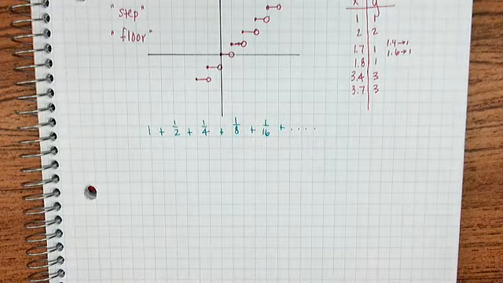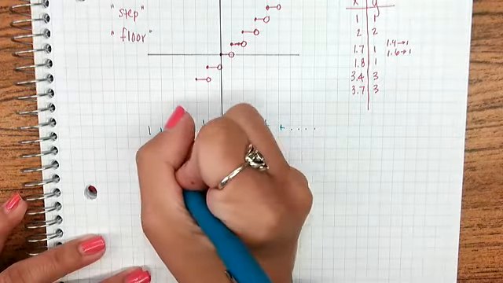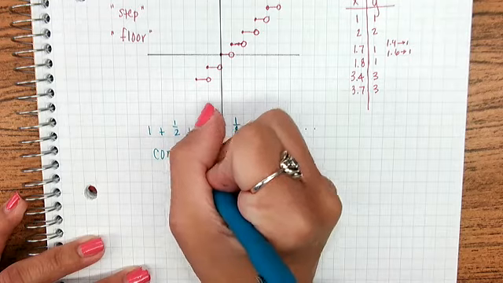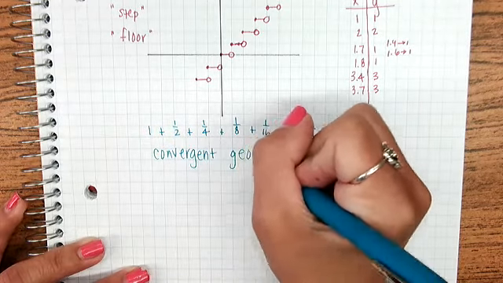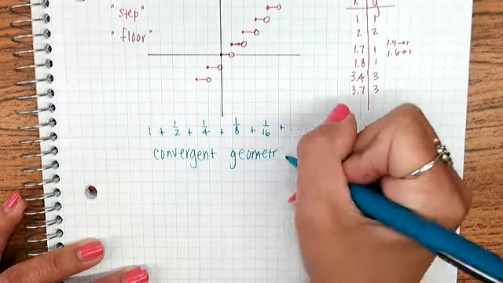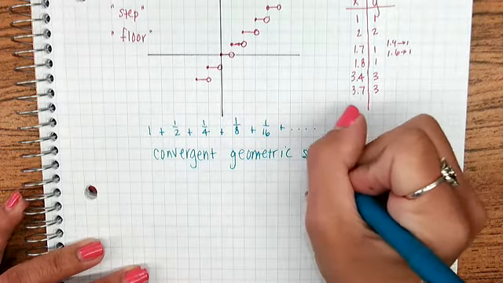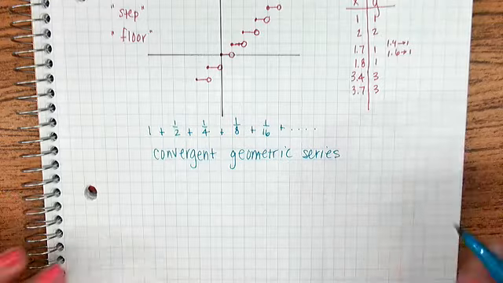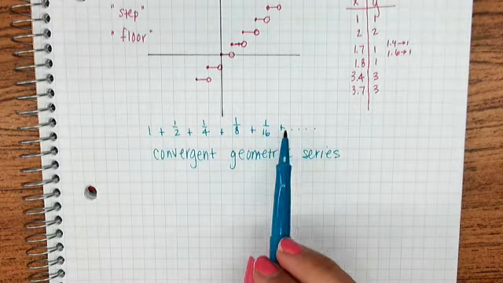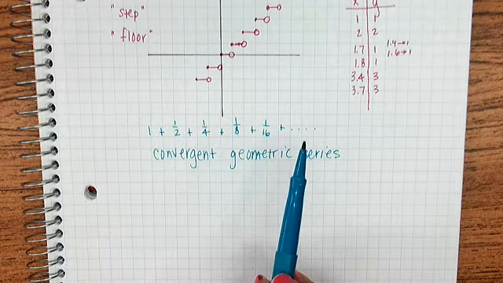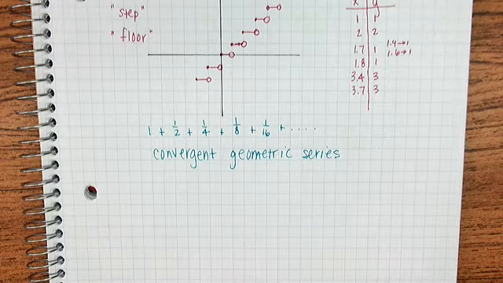Okay, this is a convergent geometric series. What makes it convergent? The value of these terms are getting closer and closer to 0.